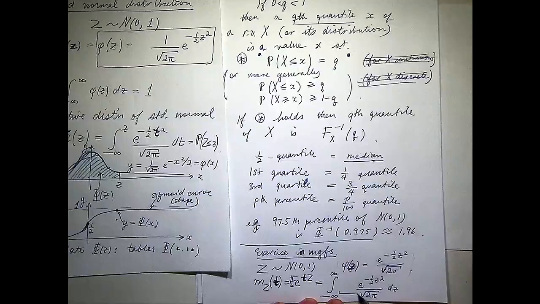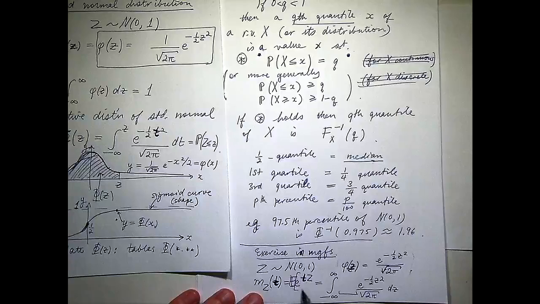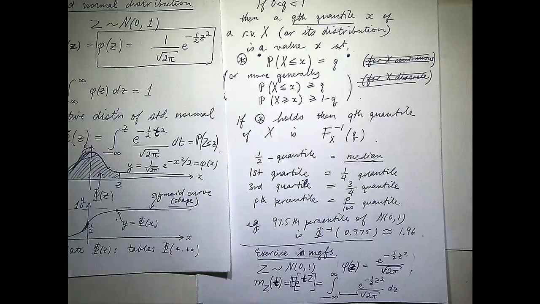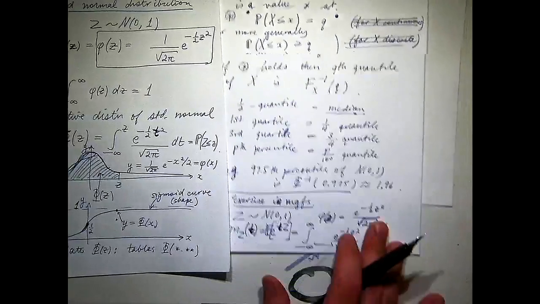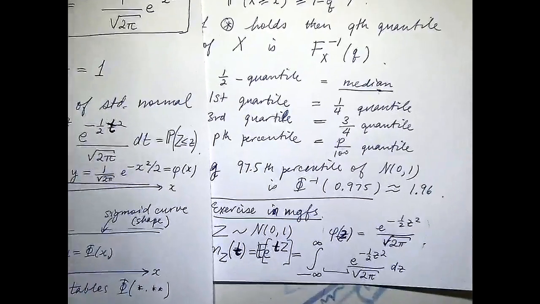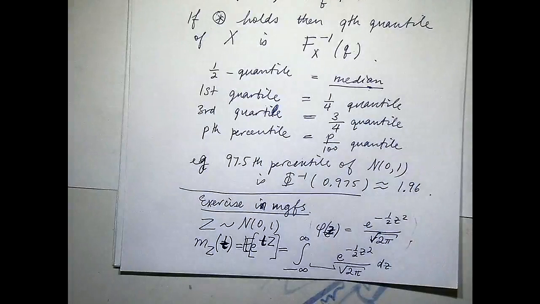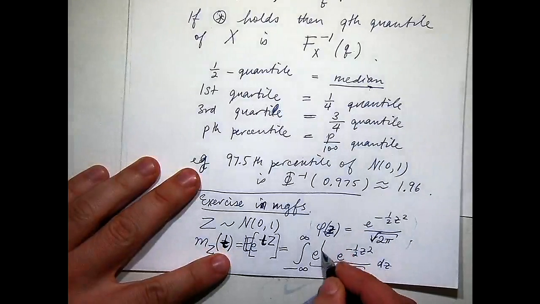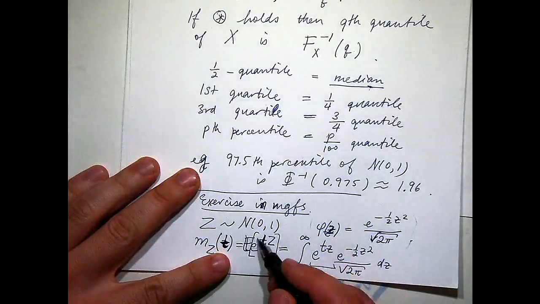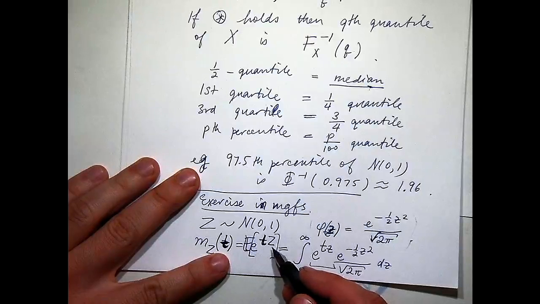And what do I have to multiply by the density again? Any takers? To do an expected value, you always have to take value times probability, and you either add that up or integrate it out. So, exactly, e to the t z. It's easy as pie to take the expected value of a function.